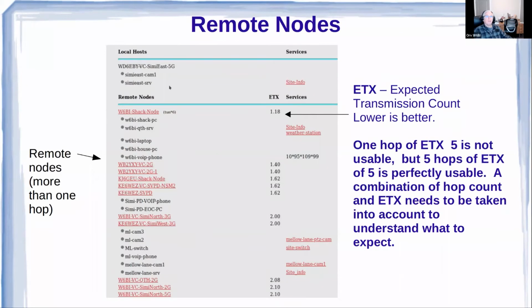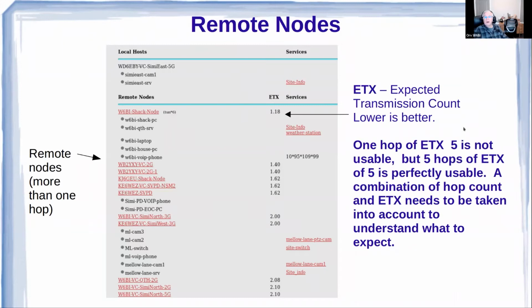On the left-hand side, at the top is your local host. That's just the one you're sitting on and showing its services. But below that are the remote nodes. These are the ones that are more than one hop away. Obviously, for ETX, lower is better. And here's something that a lot of people don't understand. It was pointed out to me by Joe, AE6XE.